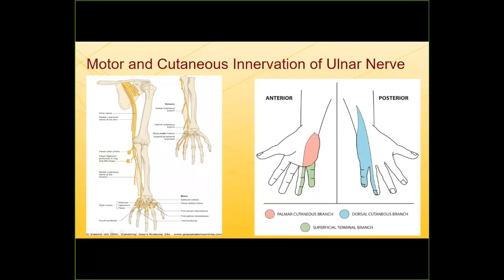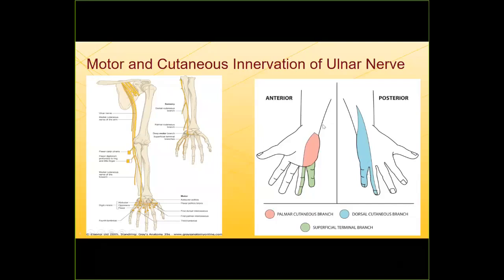And then also comes down and innervates the hypothenar muscles, innervates the lumbrical muscles to the ring finger and to the small finger, and innervates the interossei as well, okay, dorsal and palmar, and then finds its way back over to the thumb and innervates the deep head of flexor pollicis brevis, and the adductor pollicis. Okay, adductor pollicis. So this is what that dorsal branch that exits before it gets into Guyon's canal. This is that cutaneous innervation that it provides.